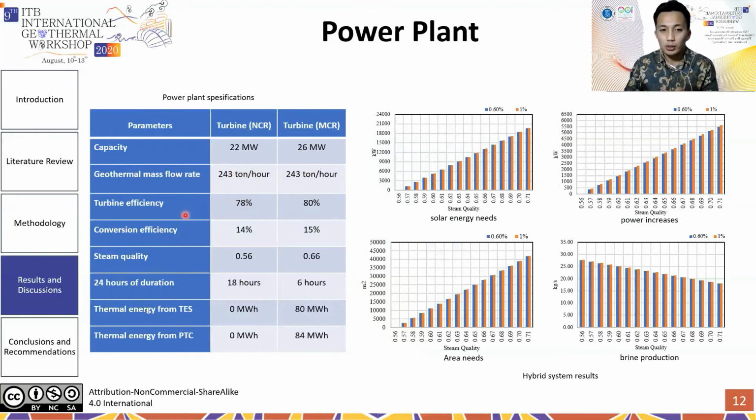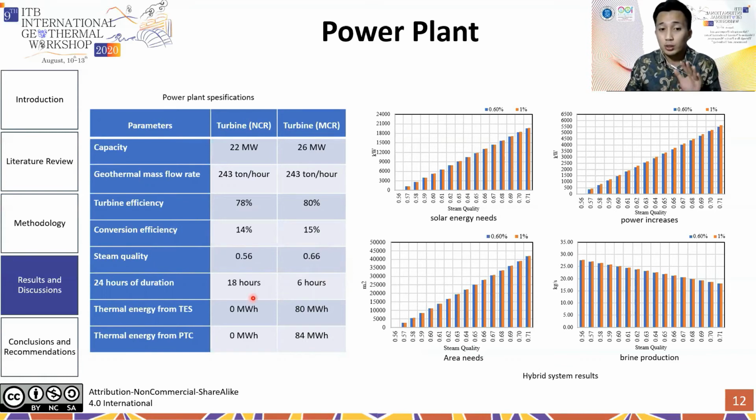For the turbine efficiency, it will be 78% for the NCR, and 80% for the MCR. For the conversion efficiency, it will be 14% for the NCR and 15% for the MCR. For the steam quality, it will be 0.56 for the NCR, and 0.66 for the MCR.